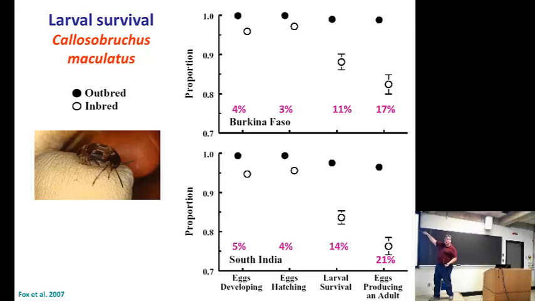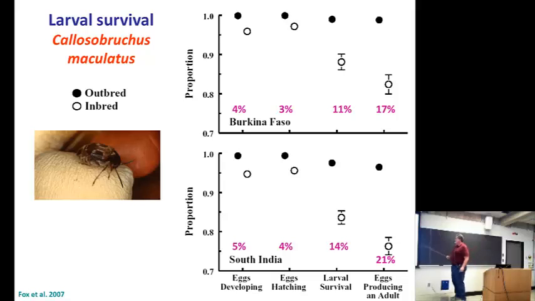So some of those larvae are dying pre-hatch. If they hatch, they're about 10 to 15% less likely to reach adult. And this last column just compares across all stages of development. You get about a 17 to 20% reduction. If an egg is inbred, it is about 17 to 20% less likely to produce an adult beetle a month later than if it's outbred.